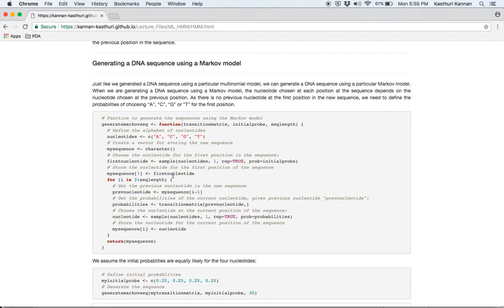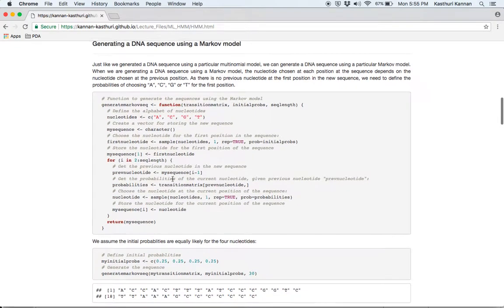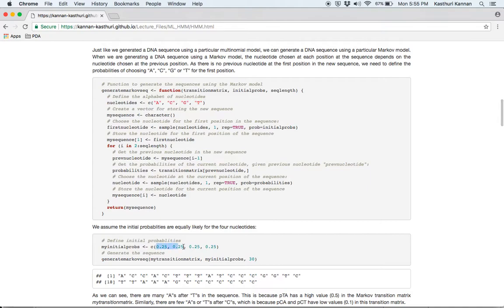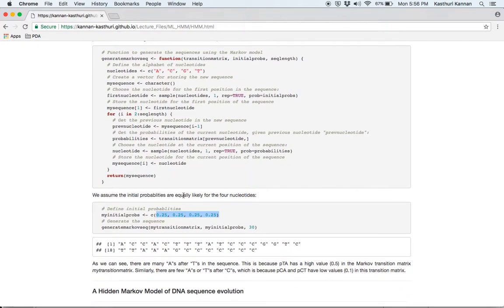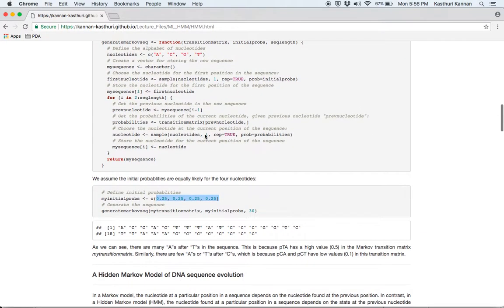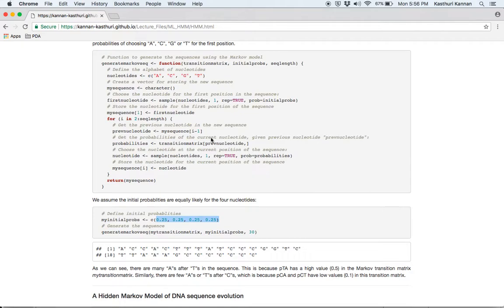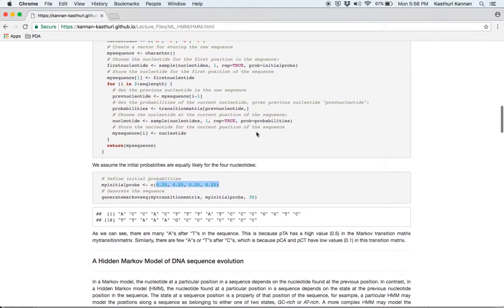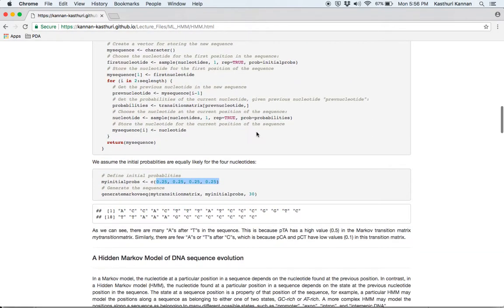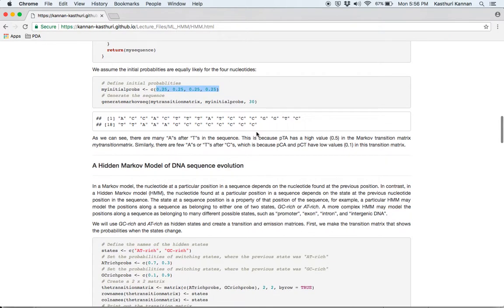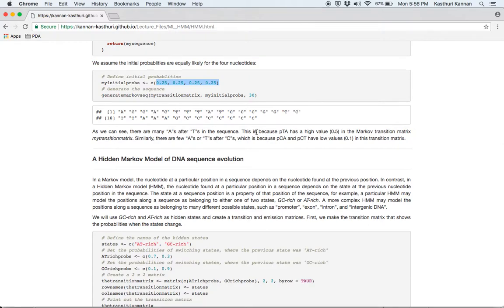So what you need to do is just have the initial probabilities, which could be any of these four with an equal probability distribution, and then you can generate by looking at what was the previous position, and then you try to generate the next one, using this transition matrix. This is fine. This is usually the Markov model, right?